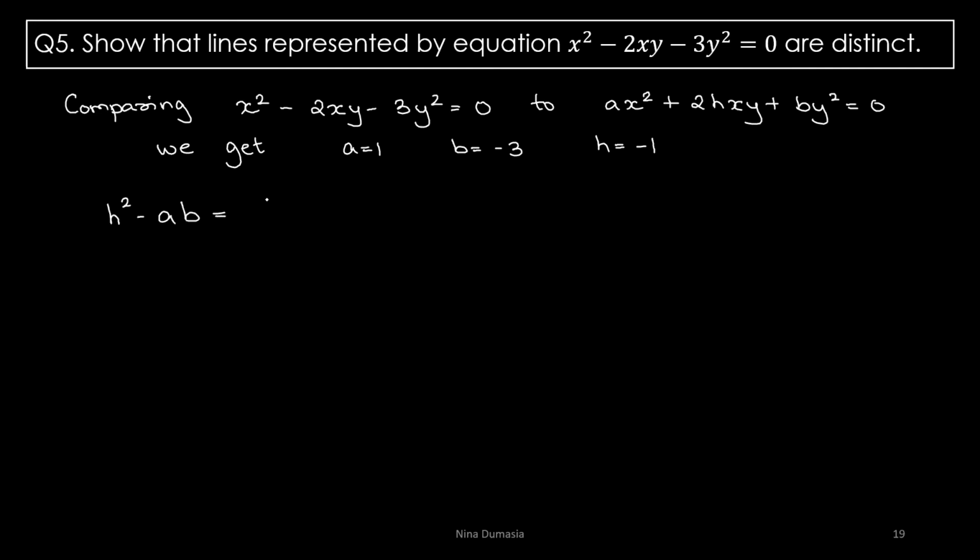H square minus ab is equal to minus 1 the whole square minus a into b, okay, which is equal to 1 minus 1 into minus 3, so this will just become 1 plus 3 which is equal to 4, which is strictly greater than 0 and therefore as h square minus ab is strictly greater than 0, the lines represented by this are distinct.